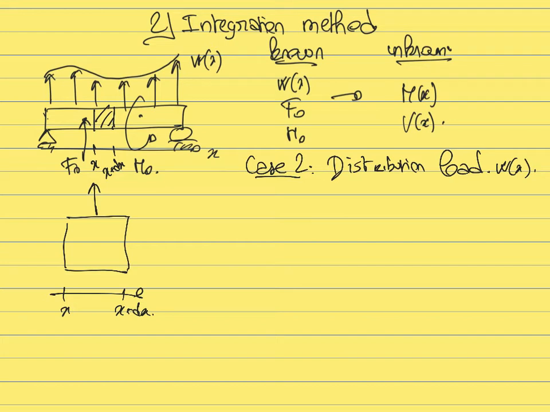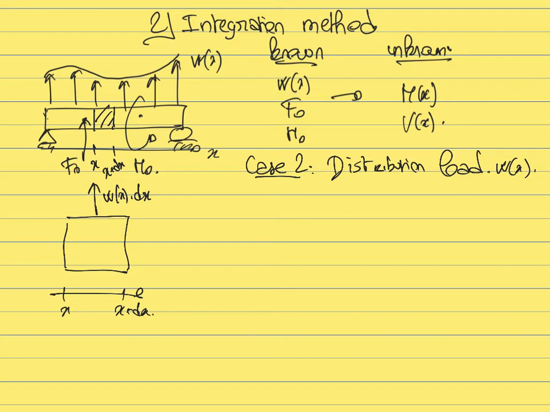Remember that the distributed load W is a load per unit of length. So if I isolate a very small portion of beam of length dx between x and x plus dx, the force associated with this distributed load will be the distributed load times the length over which it is applied.